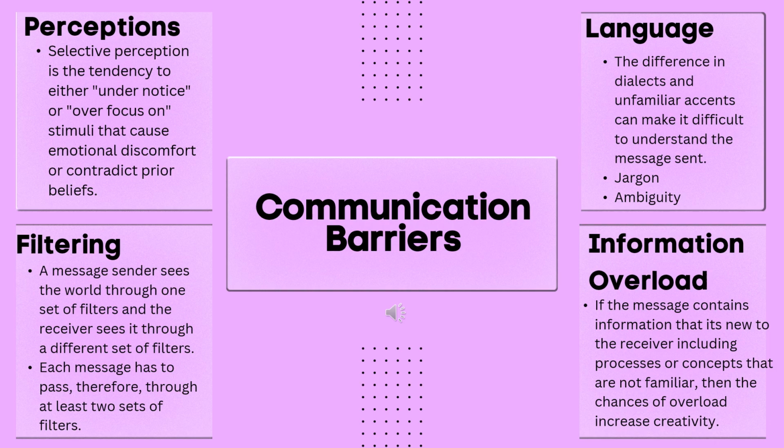The last communication barrier is information overload. Information overload occurs whenever the job's information load exceeds the individual's capacity to get through it. Employees have a certain information processing capacity, the amount of information that they are able to process in a fixed unit of time.